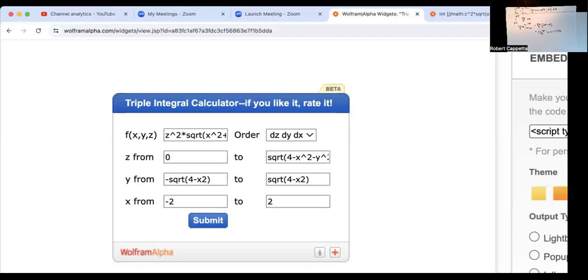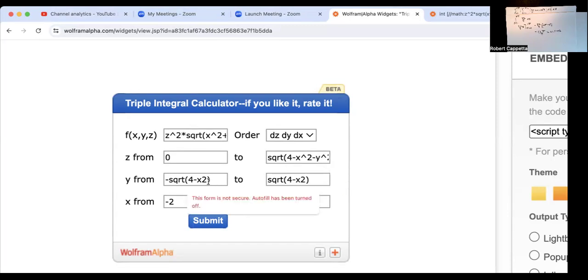So using the triple integral calculator from Wolfram Alpha that I found online, it's the dz, dy, dx order. So you see it's z squared times square root of x squared plus y squared plus z squared. That's what we're using for our function. Z is going from 0 to square root of 4 minus x squared minus y squared, again, from the xy plane up to the upper portion of that hemisphere.